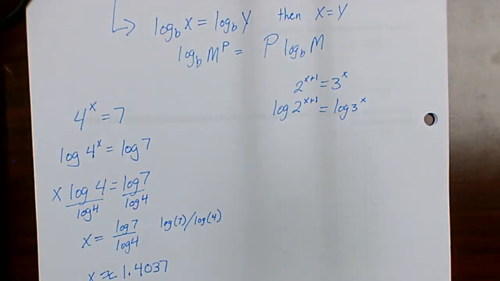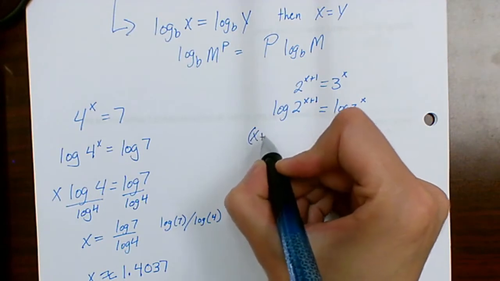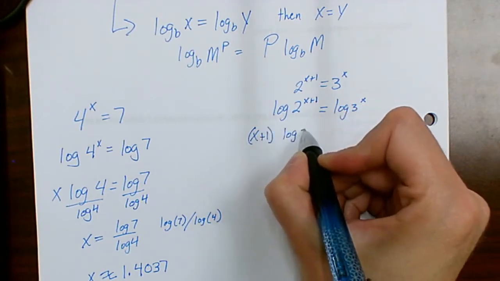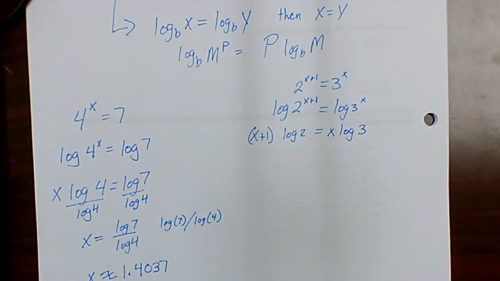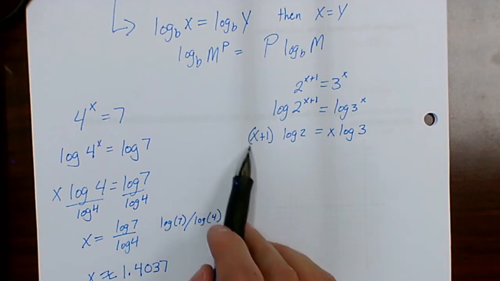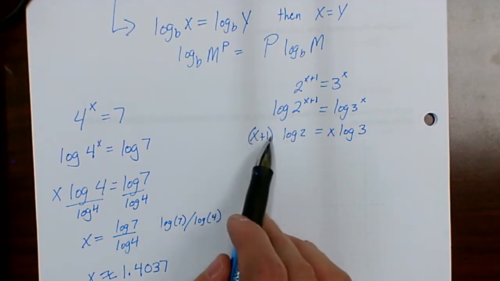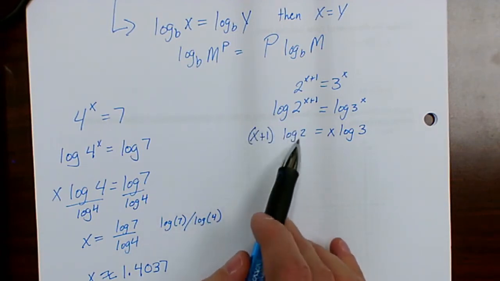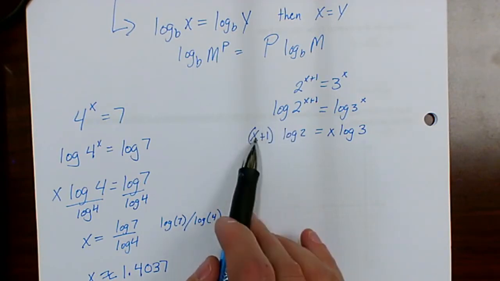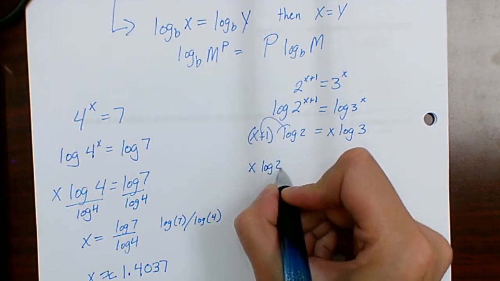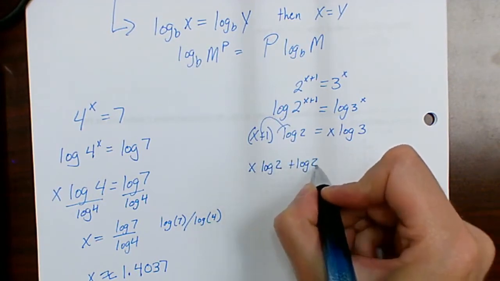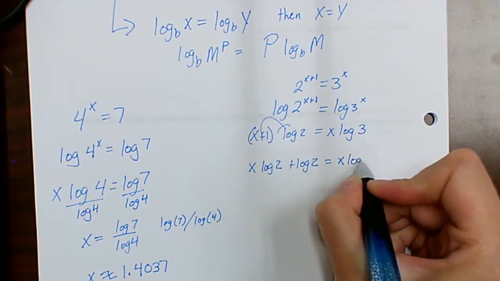You want to knock them down, bring them down so that you can work with them better. Okay, so this will take a little planning. This is log 2 times this quantity, so just as if it were a regular 2, you would distribute that through. So x log 2 plus log 2 equals x log 3.